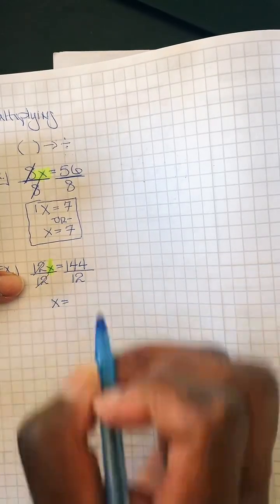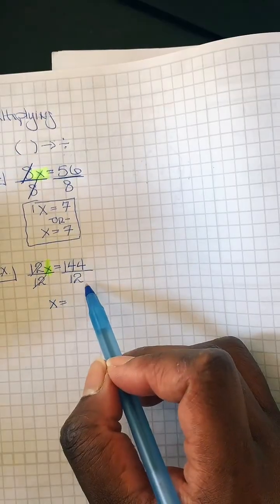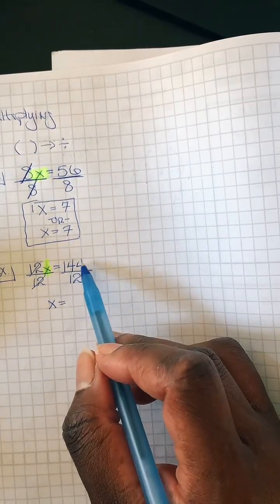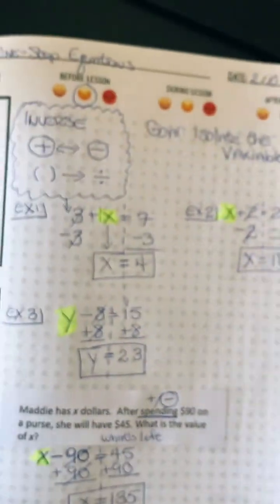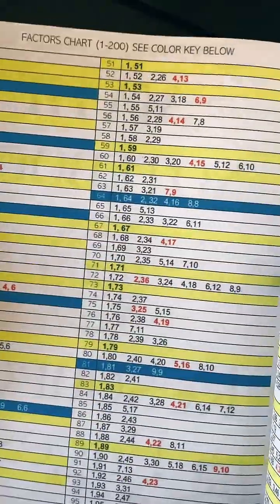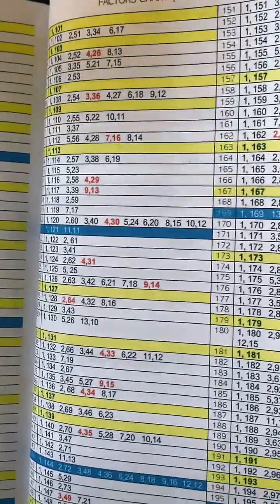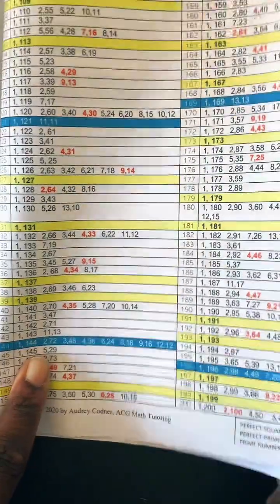Okay, I like to put it that way. Then we have 144 divided by 12. That's a perfect square. If you get stuck, you're like, oh, Audrey, I do not have a calculator. I don't know what to do. Well, if I had my handy-dandy calculator or my handy-dandy notebook, I can go to 144, which is down here at the bottom.